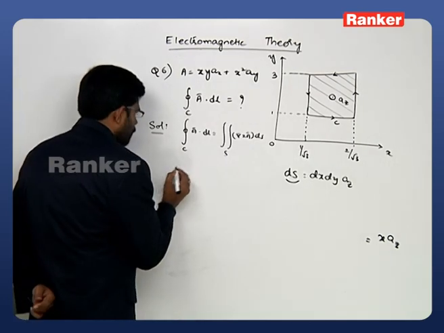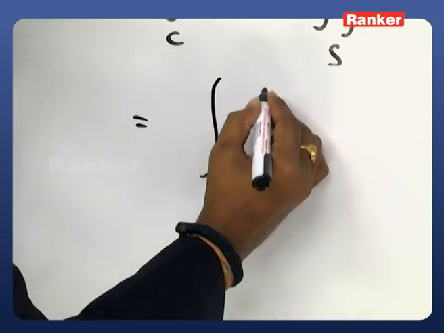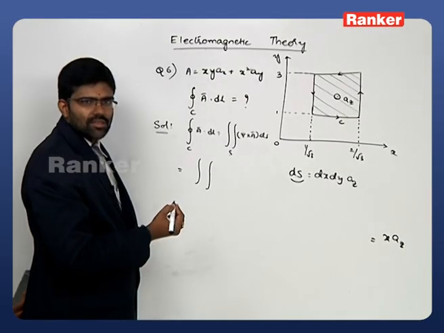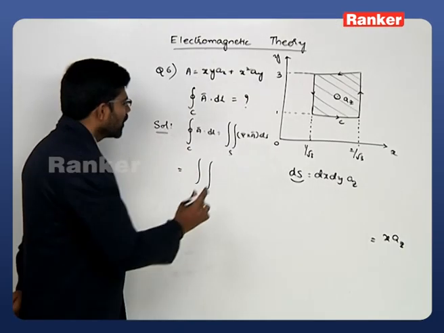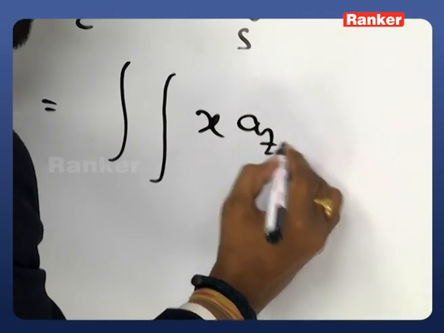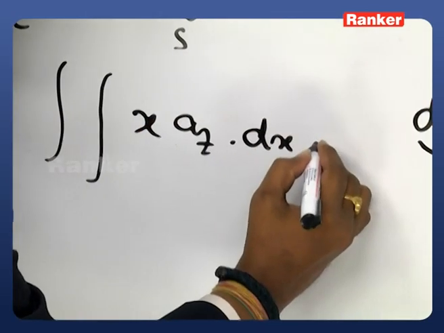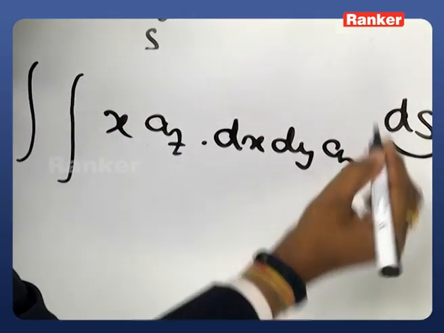So del cross A bar is known to us, dS is known to us, substitute here. The closed line integral of A bar dot dl is equal to the surface integral, leaving our limits for some time. Instead of del cross A bar, I can write x az dot, and instead of dS, I can write dx dy az.